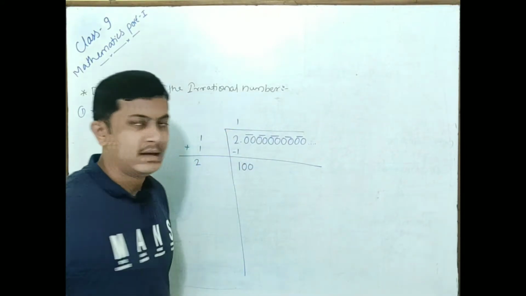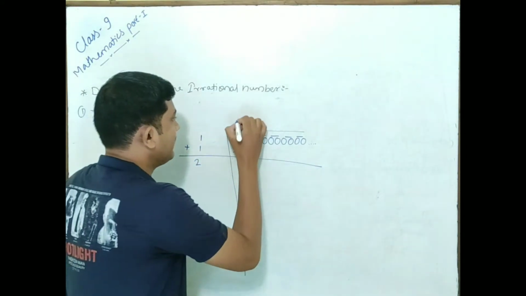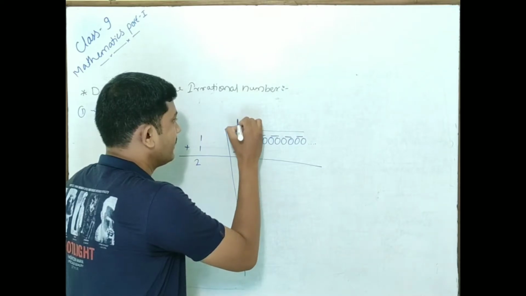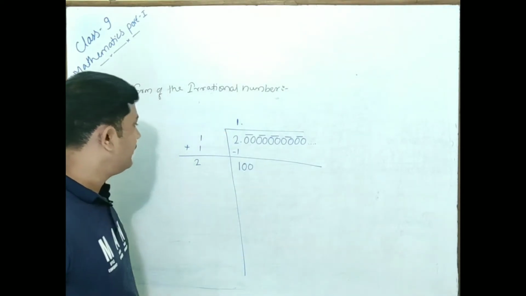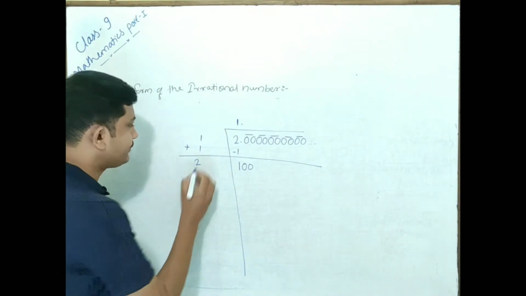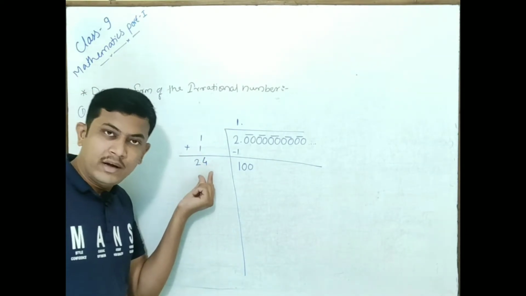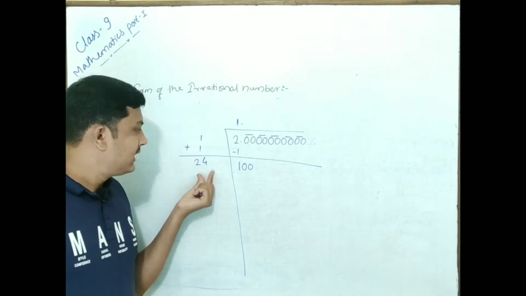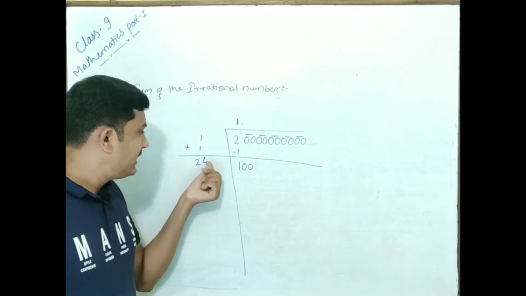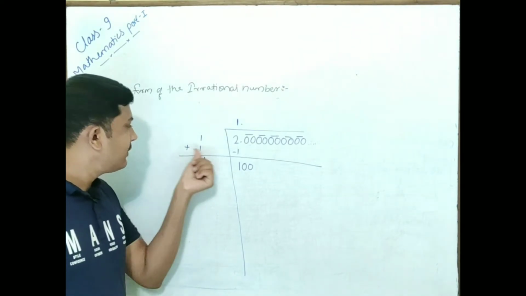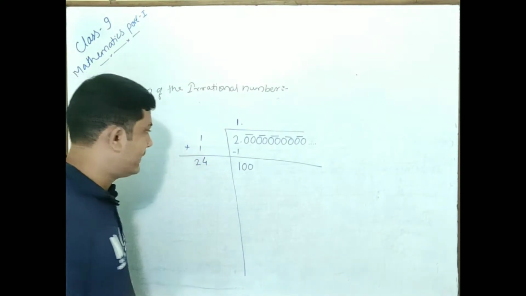So in the quotient the decimal point gets placed. Now if we consider here 4, then 2 becomes here 24, a 2 digit number. If we consider 4, we have to multiply the given number 24 by 4 only.